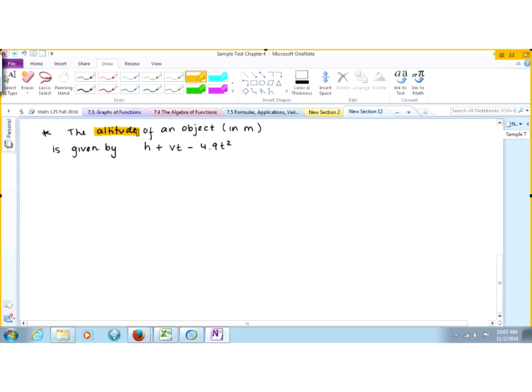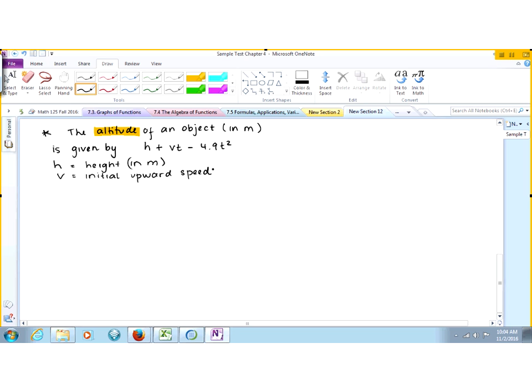So when we're talking about altitude, what does it mean? Height. Yeah. Where h, the problem tells you, is the height, in meters, at which the launch occurs. V is the initial upward speed.